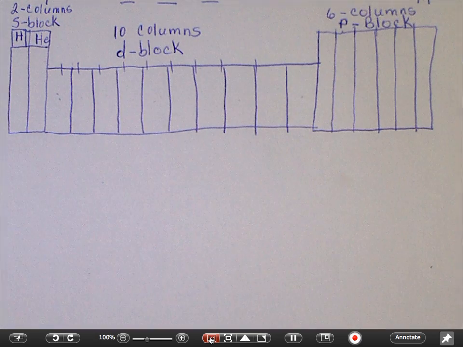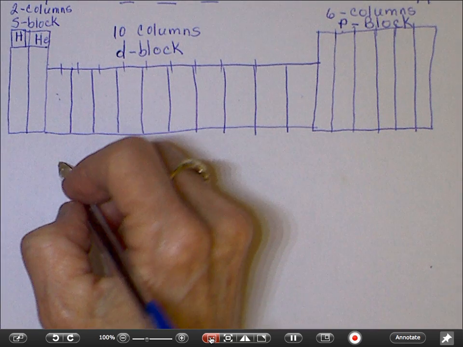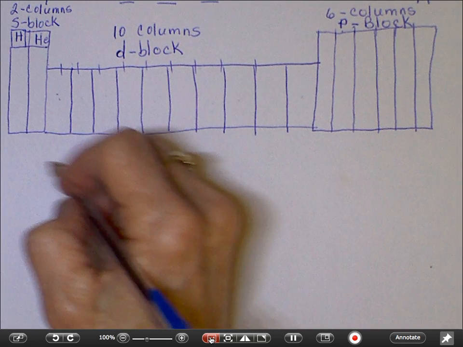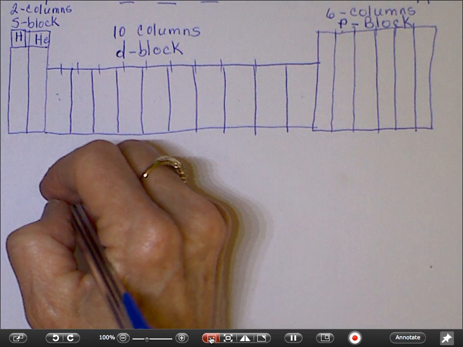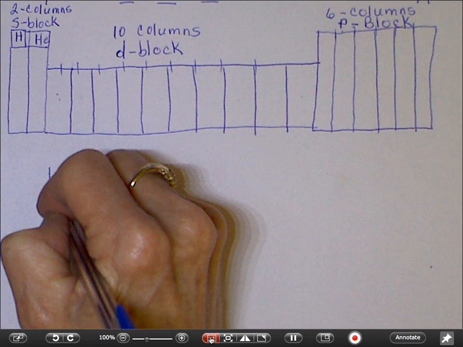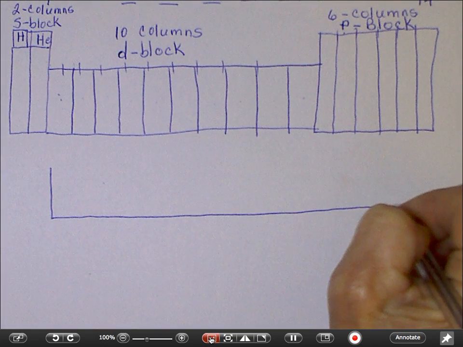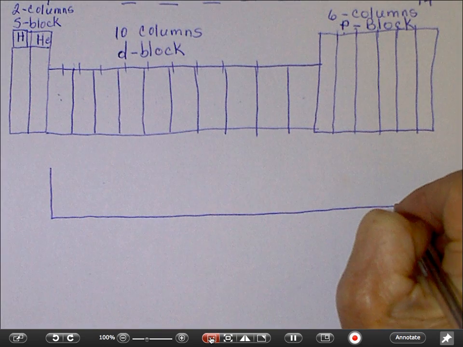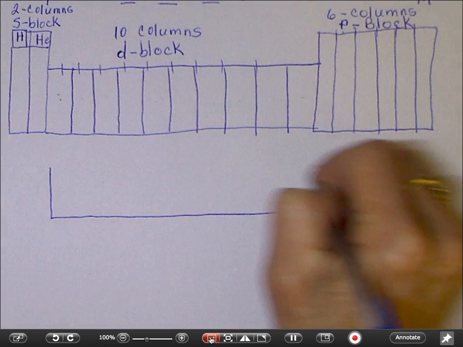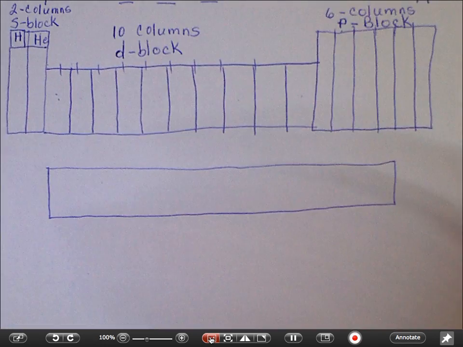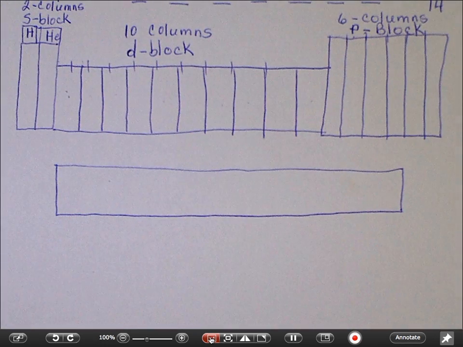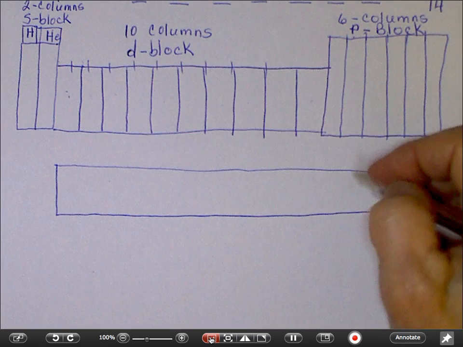Now then, the section pulled out down there is the F block. And it has how many columns, kids? 14. So we're going to do this. And somehow in there I've got to get 13 dashes.